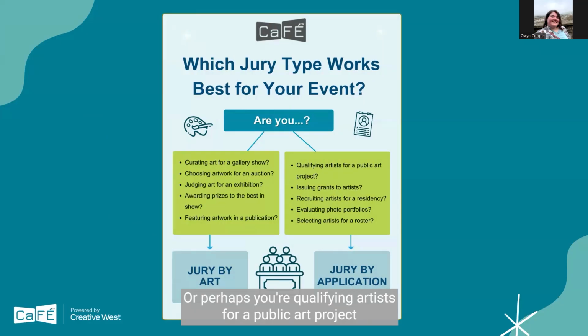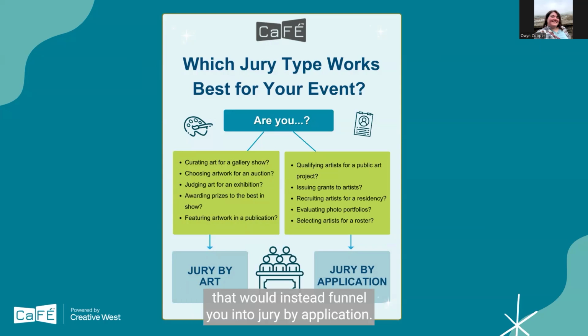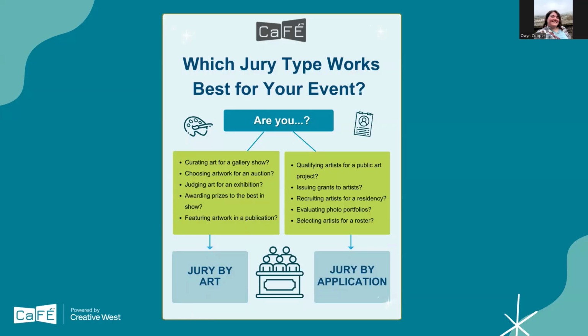Or perhaps you're qualifying artists for a public art project. That would instead funnel you into jury by application. And I do recommend taking a moment to pause and think about this for a second of your own calls or your future calls and think about which scoring type you'd be funneled into.